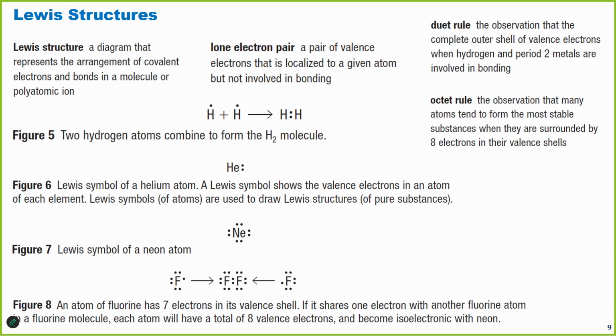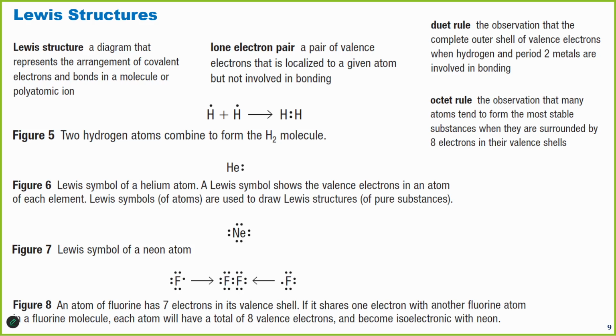Second, add up the number of valence electrons available in an item of each of the elements. This number represents the total number of electrons or dots we will draw in our Lewis structure. If the structure is a polyatomic ion, add 1 electron for each unit of negative charge, or subtract 1 for each unit of positive charge.